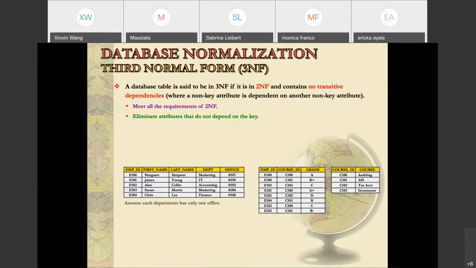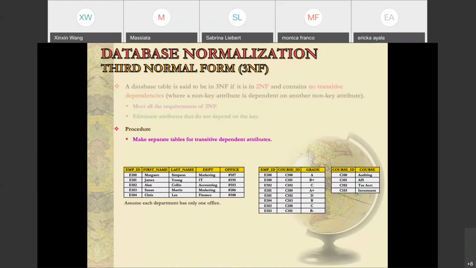What that means is where a non-key attribute is dependent on another non-key attribute, right? So what are the requirements? First, it has to meet all the requirements of the second normal form, right? And then we eliminate the attributes that do not depend on the key.